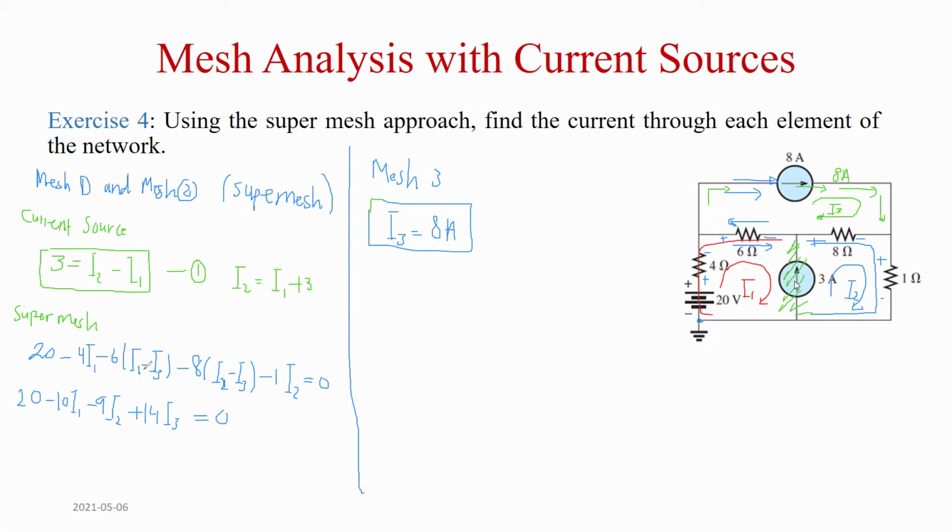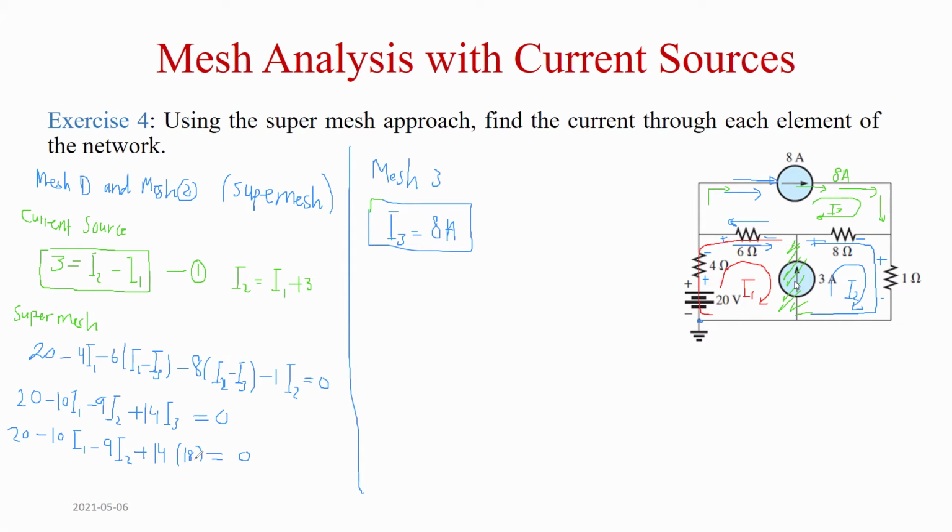So this is plus 6 and this is plus 8. Minus 8 times negative I3. So from here 20 minus 10I1 minus 9I2 plus 14, and this is 8 times 8, equal to 0.